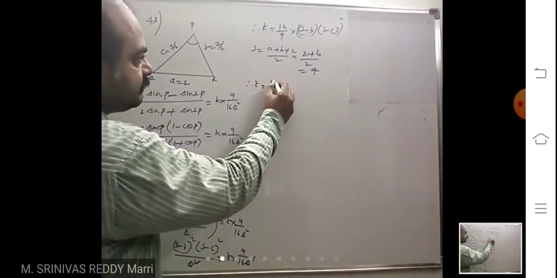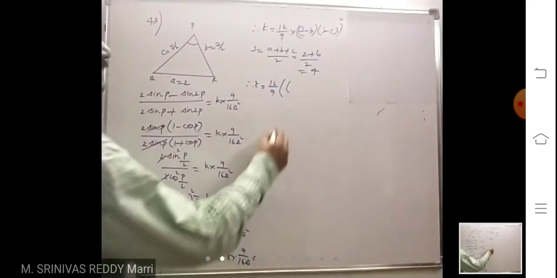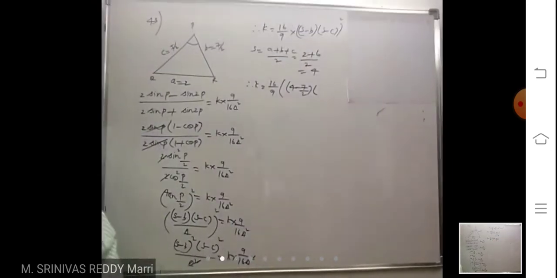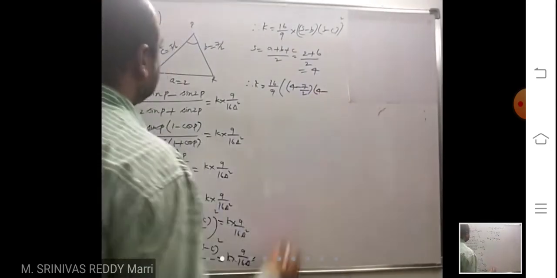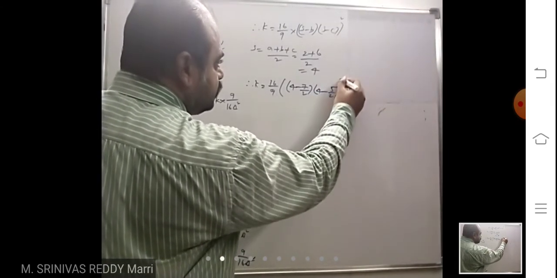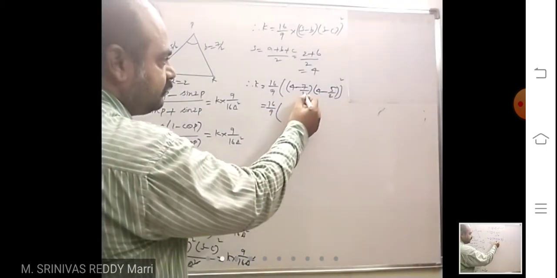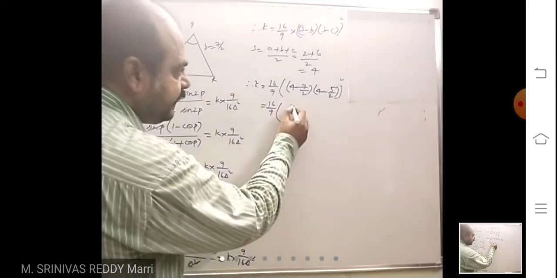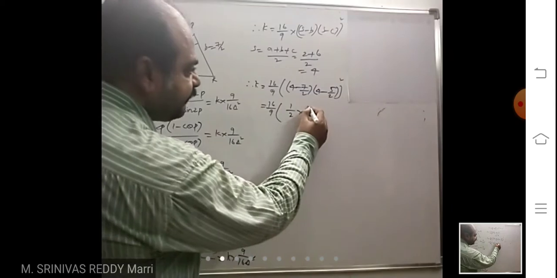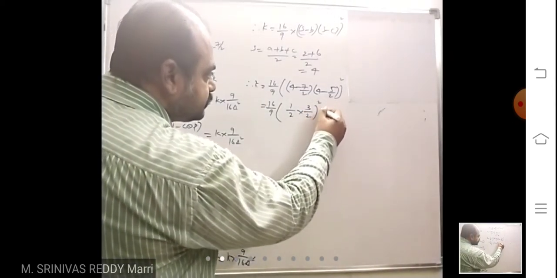Therefore, K is nothing but 16 by 9 into S minus B, 4 minus 7 by 2, into 4 minus 5 by 2, whole square. So this is nothing but 16 by 9 into 8 minus 7 by 2, which is 1 by 2, into 8 minus 5 by 2, that means 3 by 2, whole square.